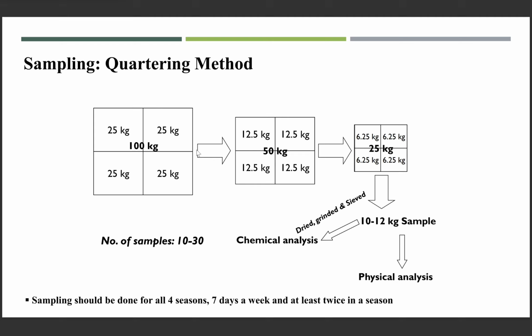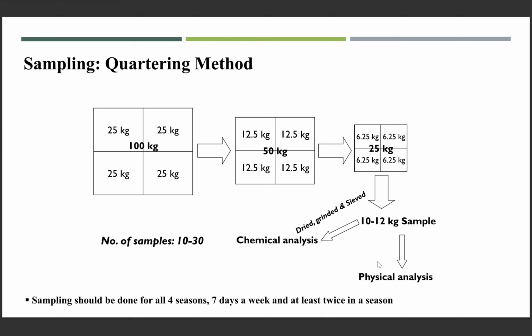Out of these four, any two will be taken and further divided into four fractions, and again any two will be taken and divided into four fractions, and nearly 10 to 12 kg of the sample will be taken. For chemical analysis it will be dried, ground and sieved, and the other physical analysis will be done directly.